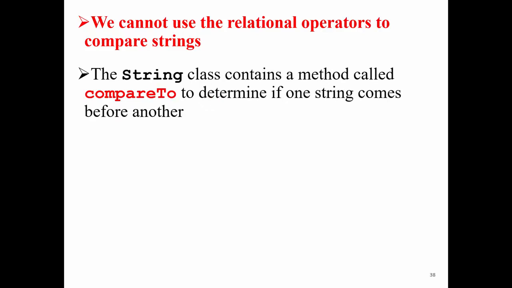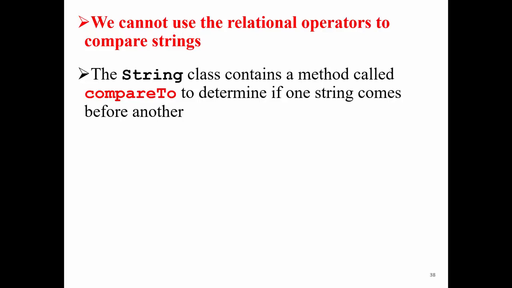Not only this, but if you would like to know if this string is less than the other string, you use compareTo. CompareTo will allow you to put these objects in order. With integer data types, or primitive data types, you know that 1 is less than 2, 2 is less than 3.